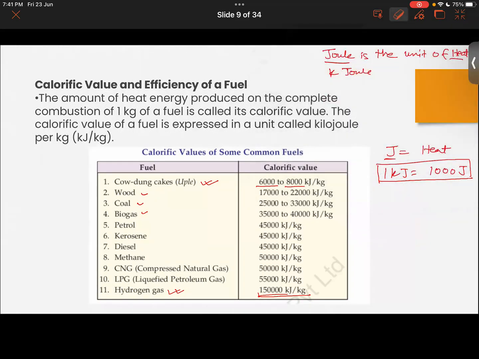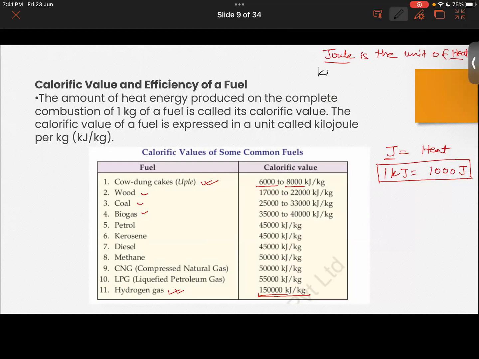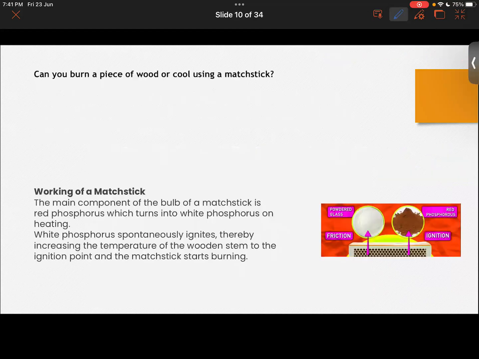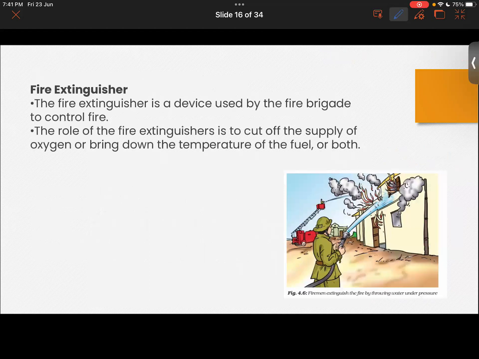If you have 1,000 joule, in short, you will call it 1 kilojoule. Got it now? See here, these are the fuels and their calorific values. Okay, then, let's quickly solve a few questions and then we will start discussing flame.